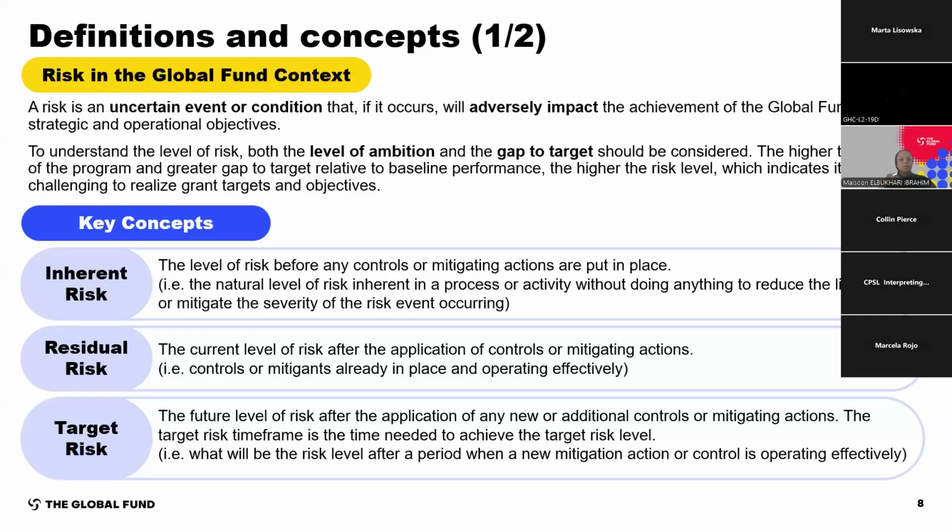And then we continue to invest in the national supply chain management system to bring the risk level down to moderate. So our target risk is moderate, and we intend to achieve that by the end of GC7 grant, for example, or by the end of 2026.